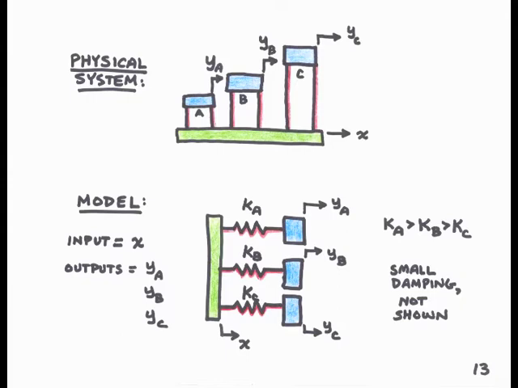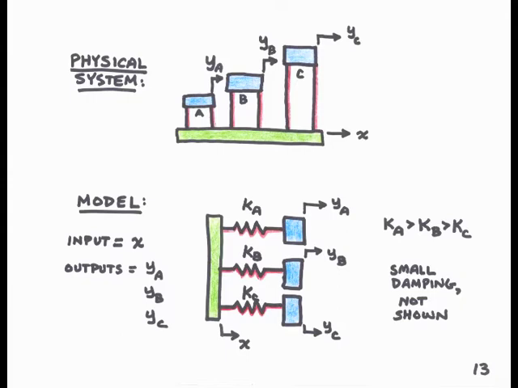At the bottom of the page here is our mechanical system model. Our input is X, and our outputs are YA, YB, and YC. The damping is not shown in this mechanical model, but it is there. There's some small amount of damping in the flexures, but we haven't depicted it in this model. In just a moment, we'll look at the frequency response plots for this system, and you'll notice that the resonance does indeed have some damping depicted.